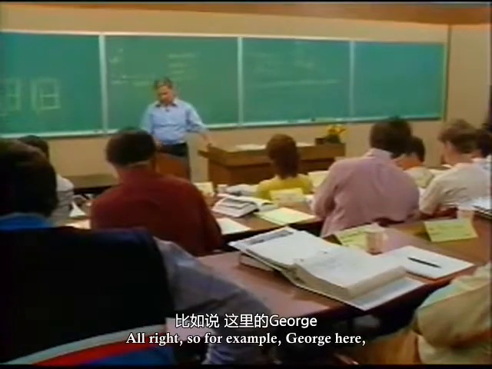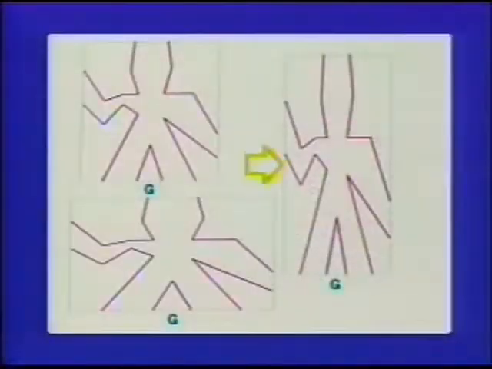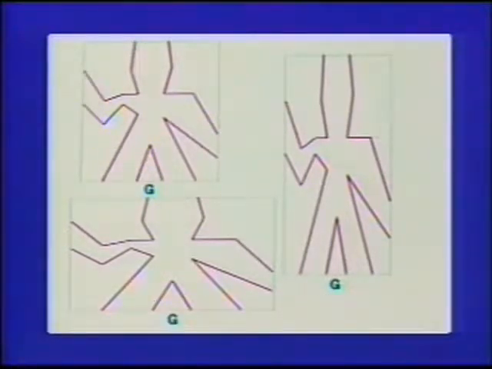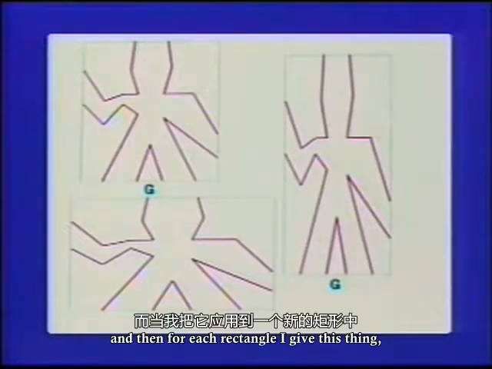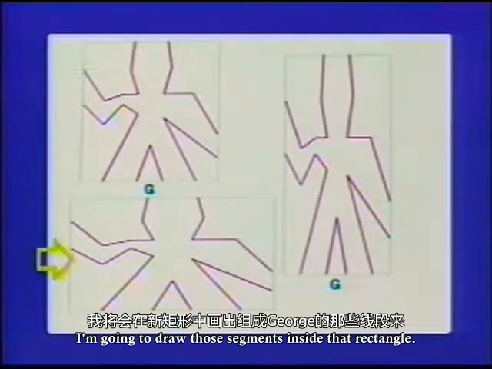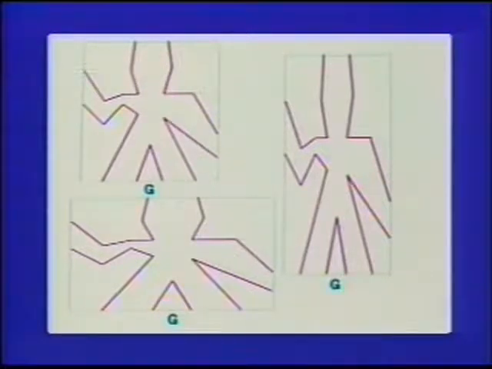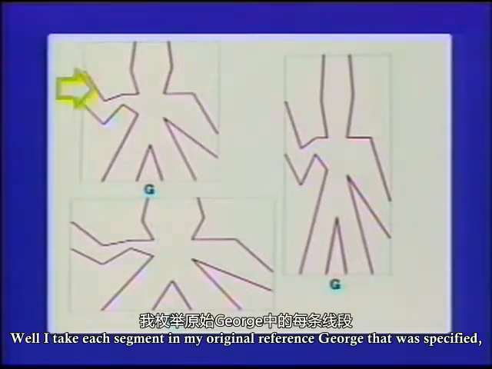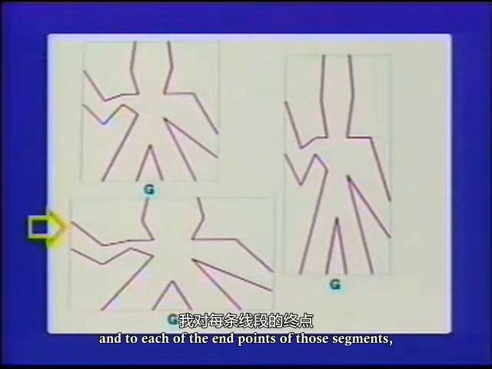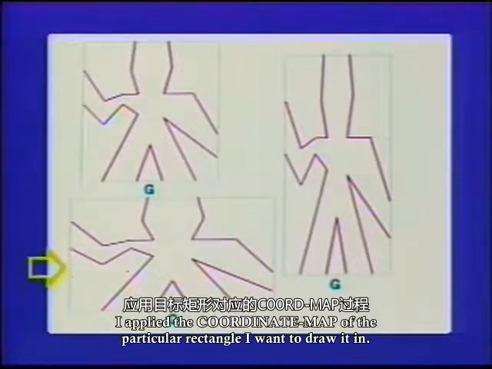So for example, my original George might have been specified by segments in the unit square. And then for each rectangle I give this thing, I'm going to draw those segments inside that rectangle. How do I actually do that? Well, I take each segment in my original reference George, and to each of the endpoints of those segments, I apply the coordinate map of the particular rectangle I want to draw it in.